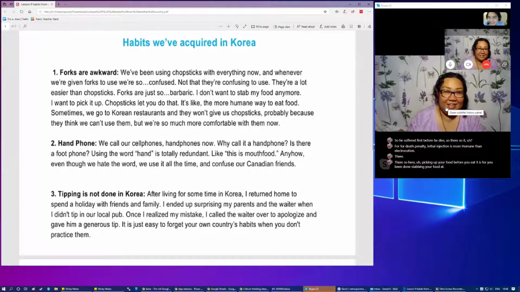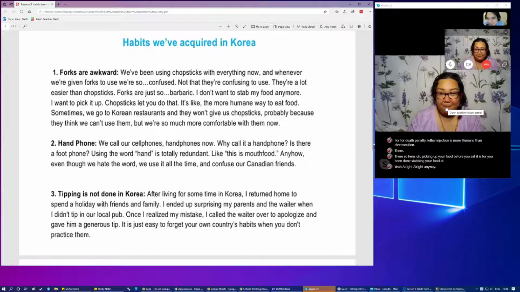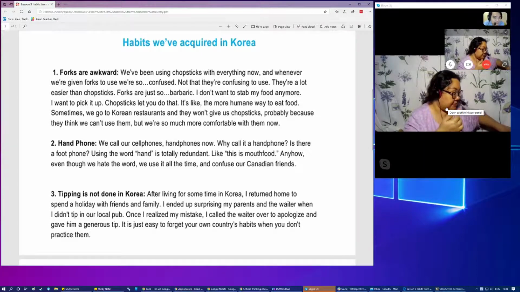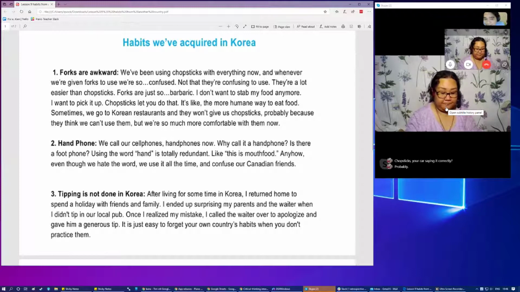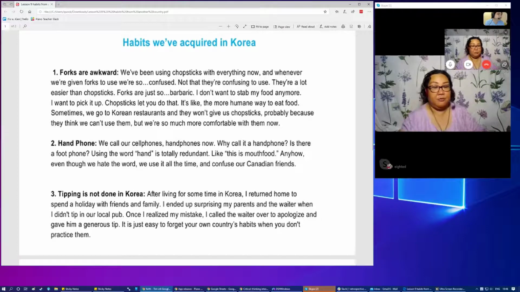Anyway, sometimes we go to a Korean restaurant and they want to give us chopsticks. Chopsticks. You're saying it correctly. I try to fix these words many times. So syllabicate it. That would help you to say it.